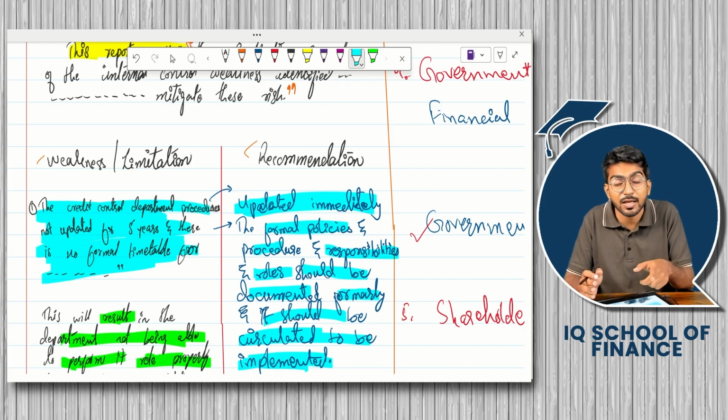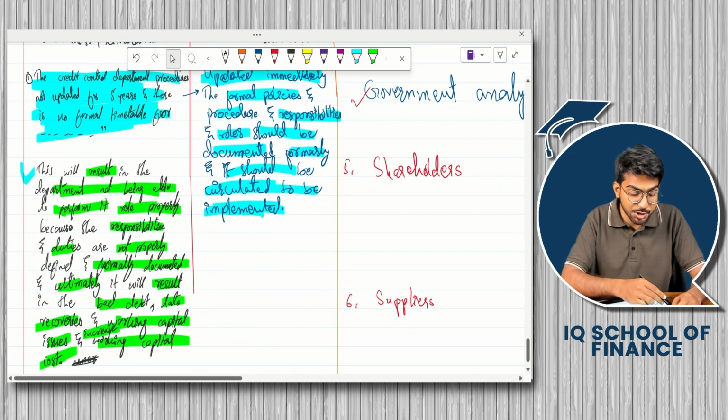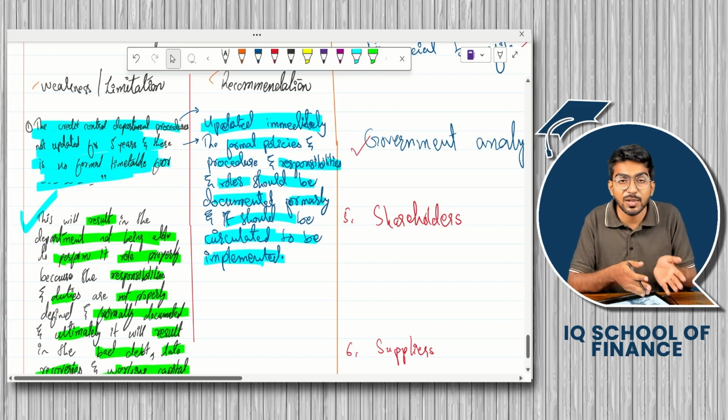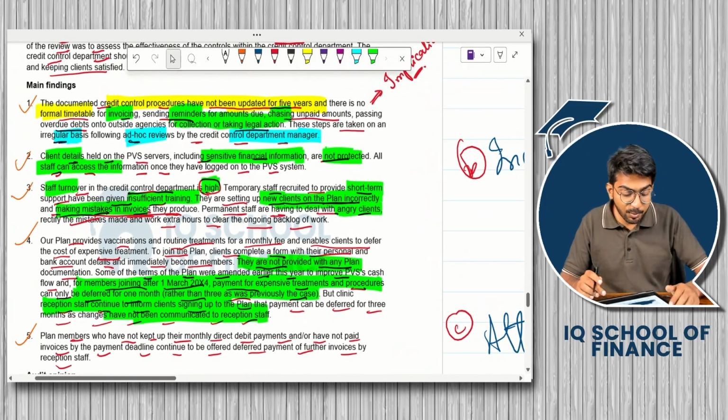We should make the policies and procedures, circulate them immediately, and also start implementing them, right? So this is how you are going to give the implication, and after the implication you simply state what is not happening, and you have to say that it should be happening, right? Let's move forward to the number two point.